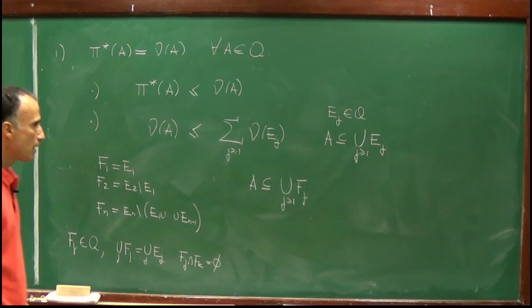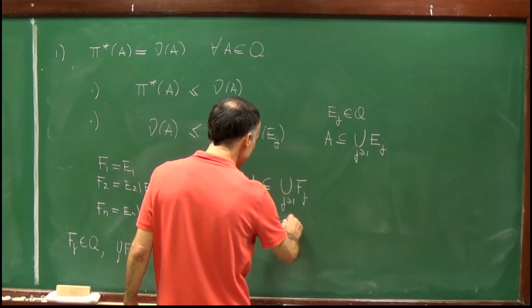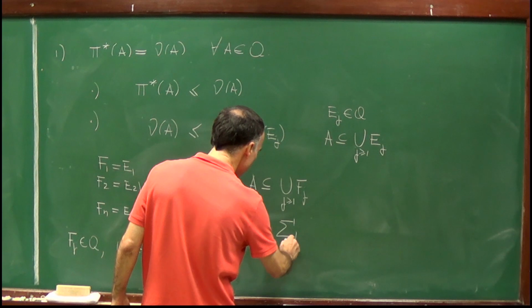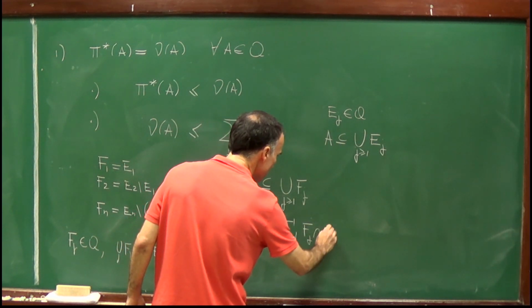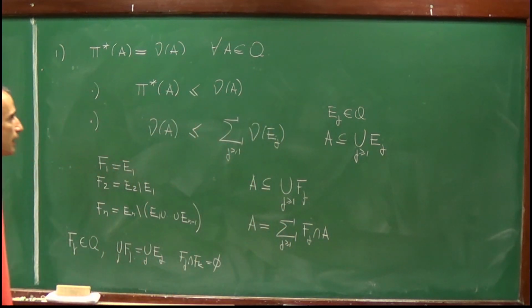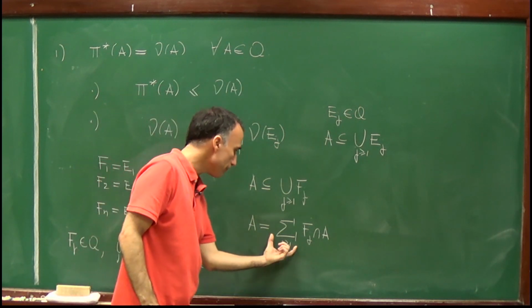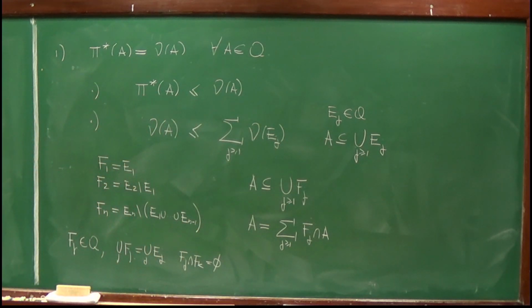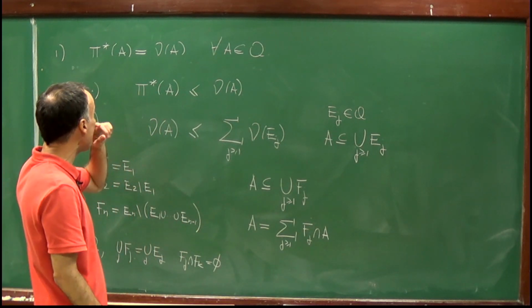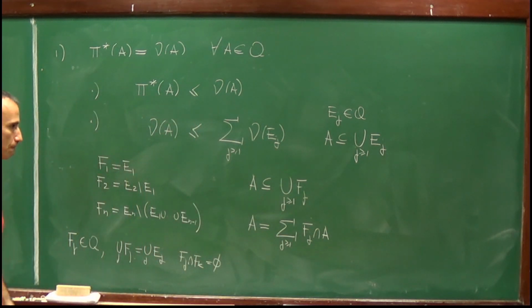Now, this means that A is equal to the union of Fj intersection A. Right? And here we have an identity between an element A of the algebra and a countable union of elements of the algebra. A belongs to the algebra, and each Fj belongs to the algebra.